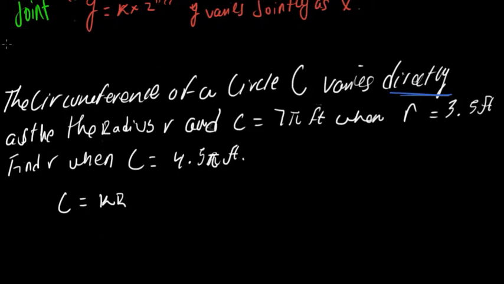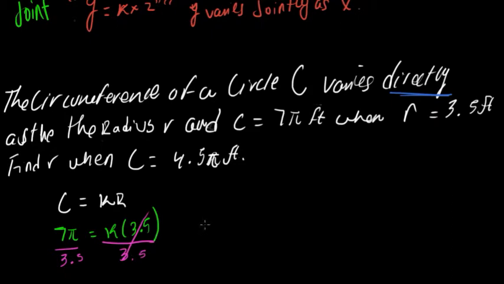Well, let's go ahead and find it. We know that when the circumference is equal to 7 pi, our radius is equal to 3.5 feet. Okay, so let's go ahead and solve for k in this equation. Let's do that by dividing both sides by 3.5.